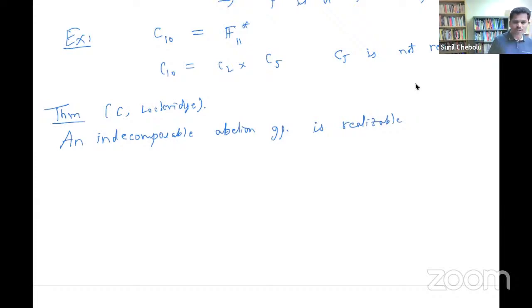and I should start using the word realizable instead of saying is the group of units of some ring.